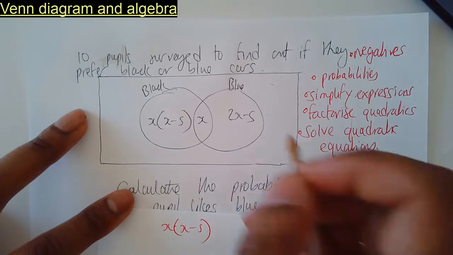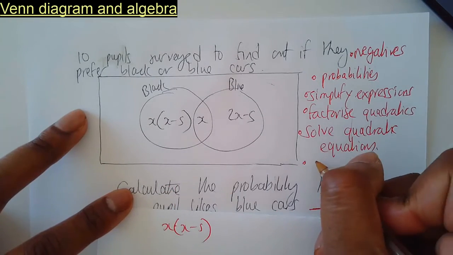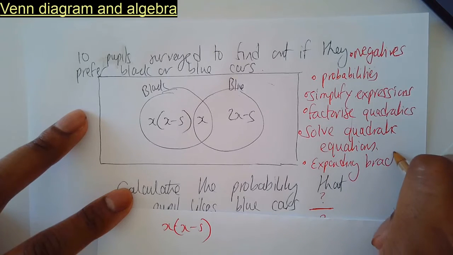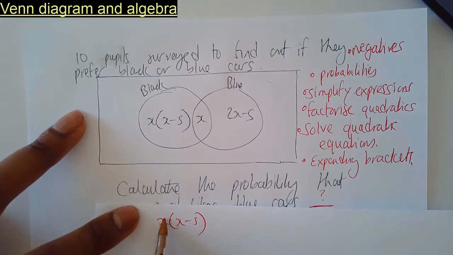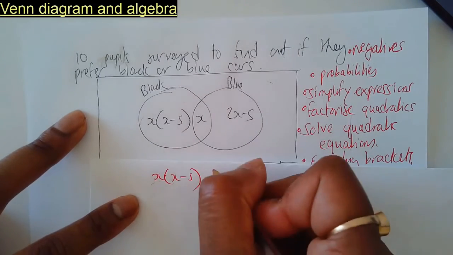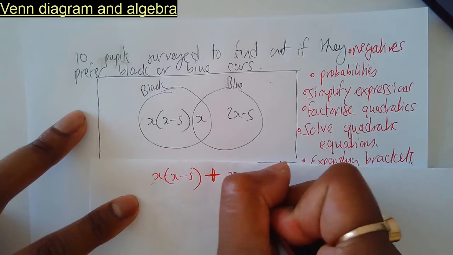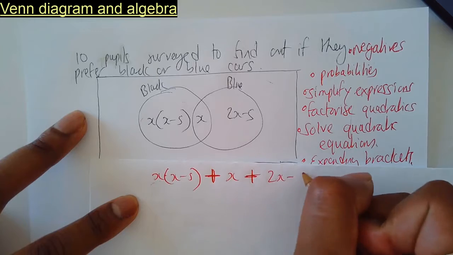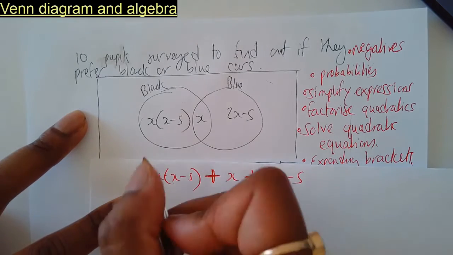Also you need to have knowledge of expanding brackets, because we're going to expand this in a moment. We've got this bit plus the x plus all of that. Let's just expand the brackets for now.